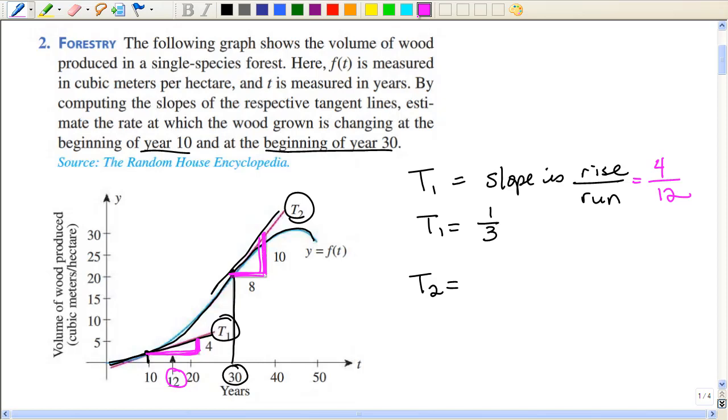Now notice that that 10 is going all the way up to the tangent line. It doesn't stop at the curve. So we want rise over run. The run was 8, the rise was 10, and if we reduce that, that's 5 over 4, and that is definitely larger than 1/3, which is what we expected. So in the first couple of problems, you're just looking at a graph.